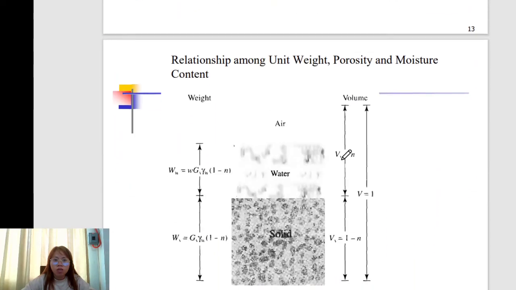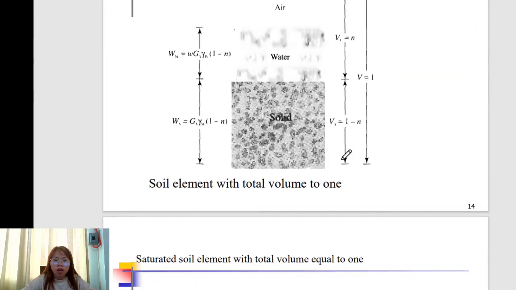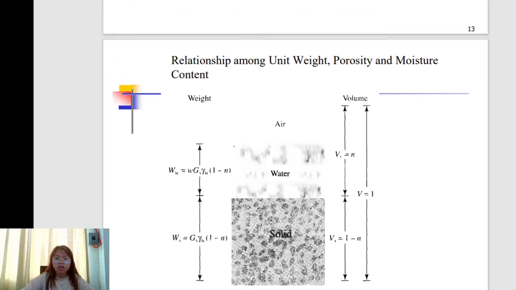Then we can also have this relationship among unit weight, porosity, and moisture content. So in terms of porosity, the weight of the soil solids is equal to the specific gravity times unit weight of water times 1 minus porosity, or n. And the weight of the water is equal to the moisture content times the specific gravity times unit weight of water times 1 minus n, or the porosity.